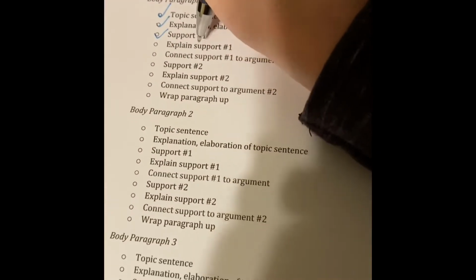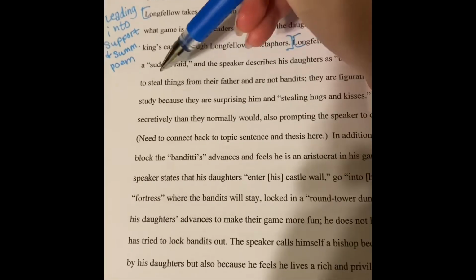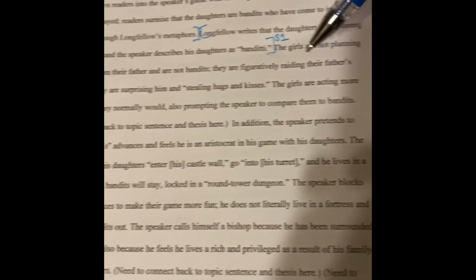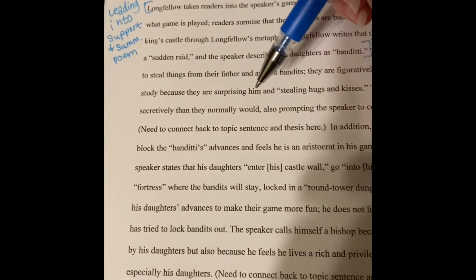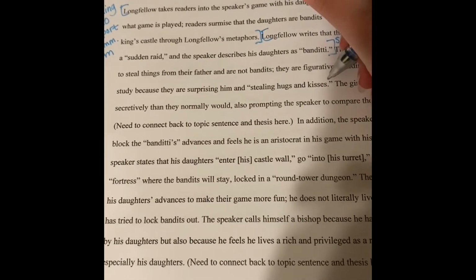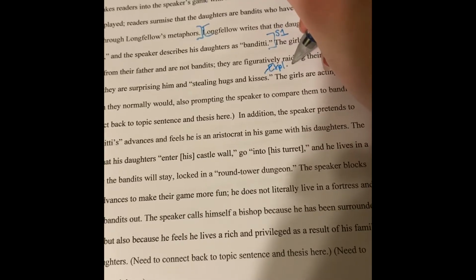After that, let's see if we've explained the support. The girls are not planning to steal things from their father and are not bandits. They are figuratively raiding their father's study because they are surprising him and stealing hugs and kisses. Yes, I would say that's explaining the support. It's just telling us what the support means.